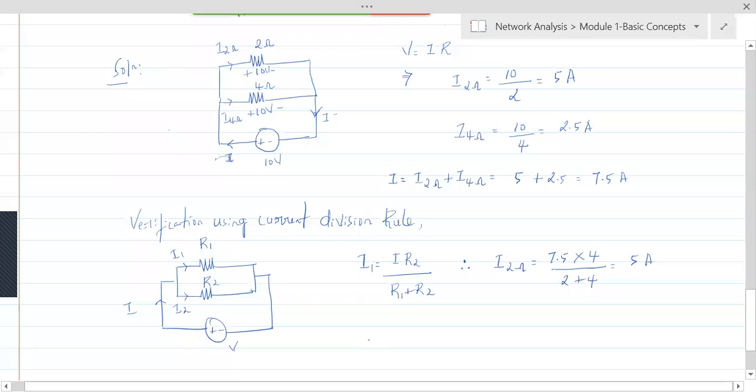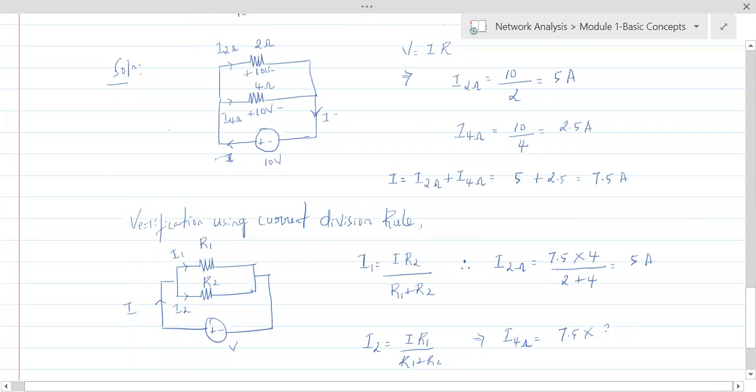Likewise I2 is the total current into the resistance of the other branch divided by the sum of the resistances. So I 4 ohms is the total current into the resistance of the other branch divided by 2 plus 4. This is supposed to be 2.5 amps. Do we get that?